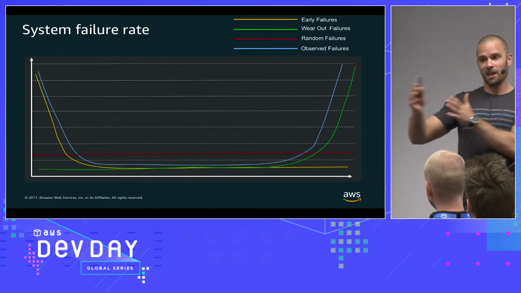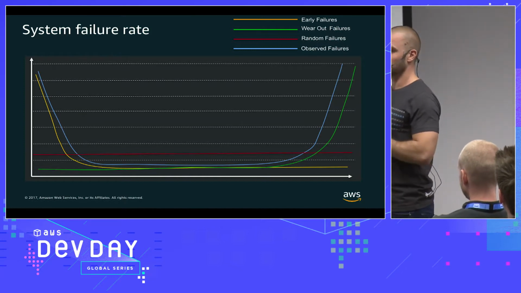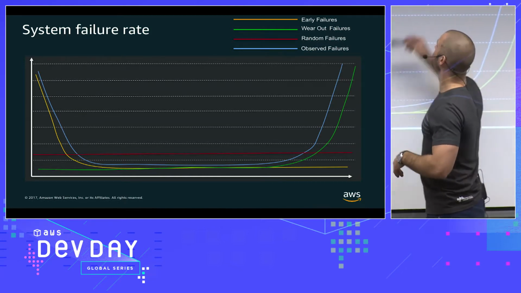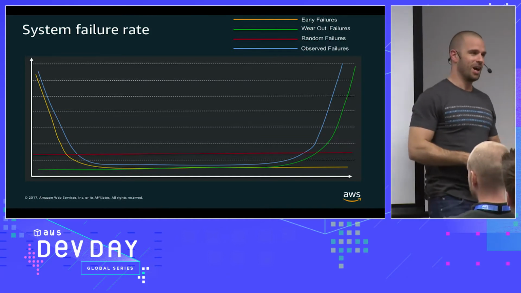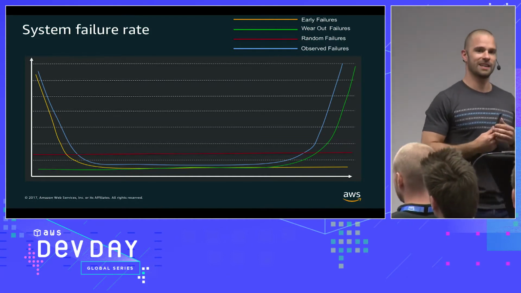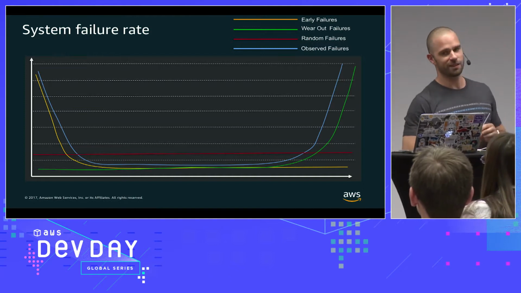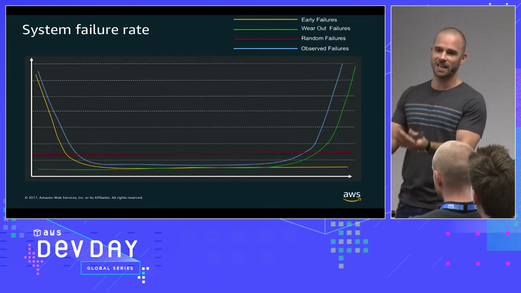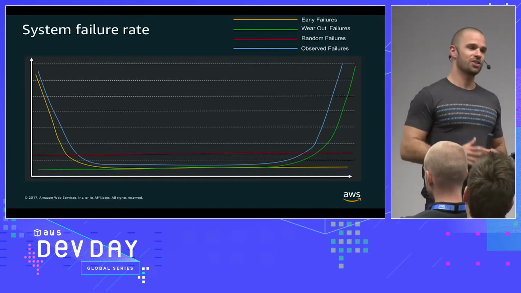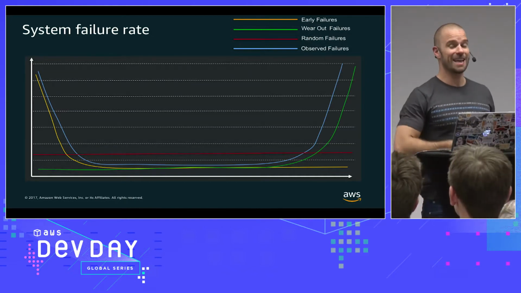So as your system ages, different failures come into place. The red one is random, and those happen all the time, whether it's a squirrel eating the cable, a truck driver hitting the electric pole at the entrance of your data center, lightning, or a car that jumped through a roof. Whatever it is, it will happen.